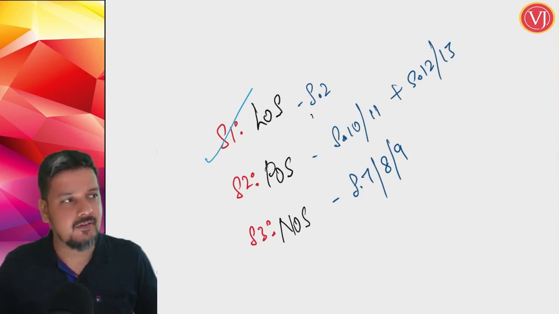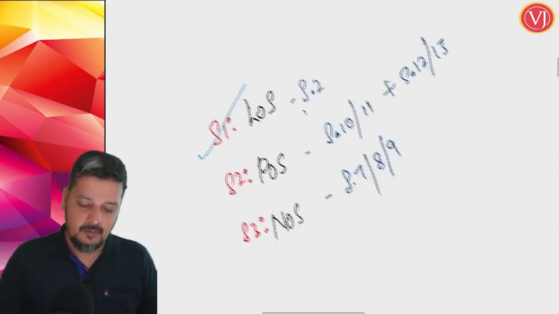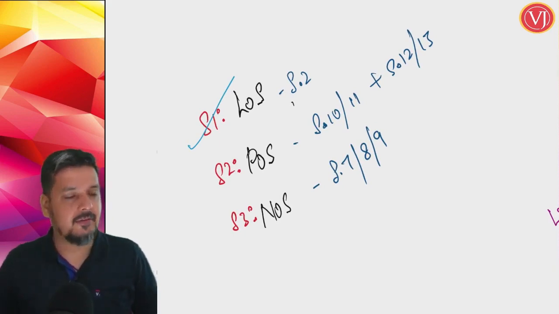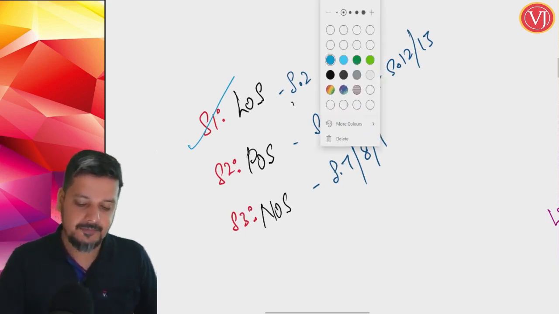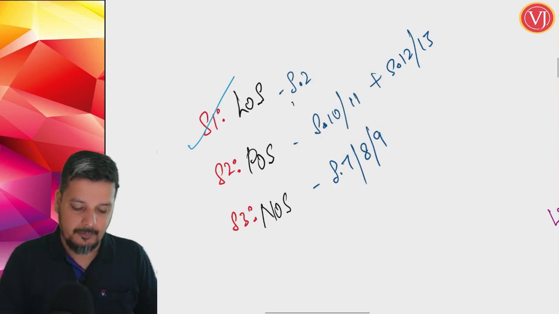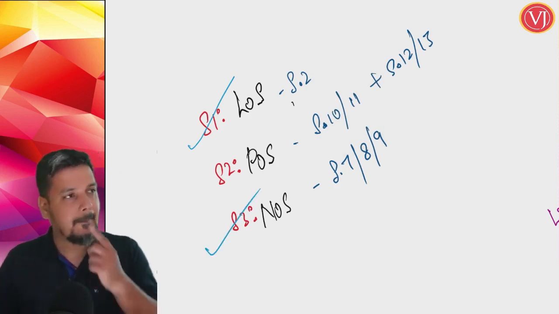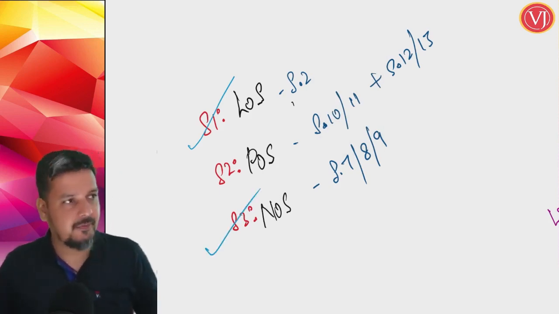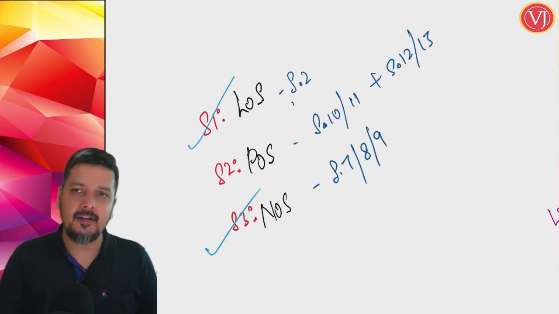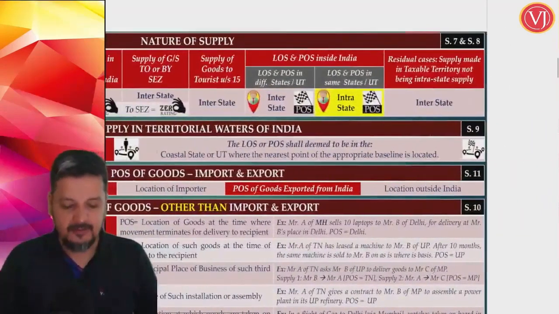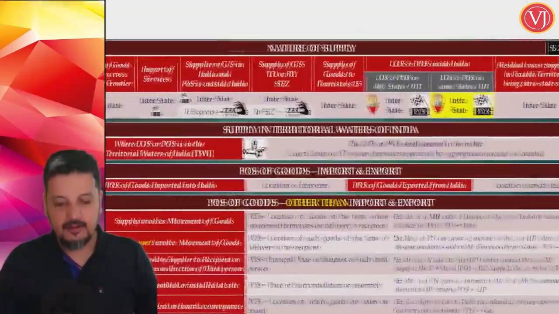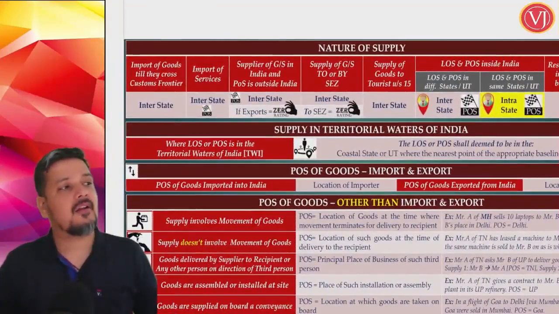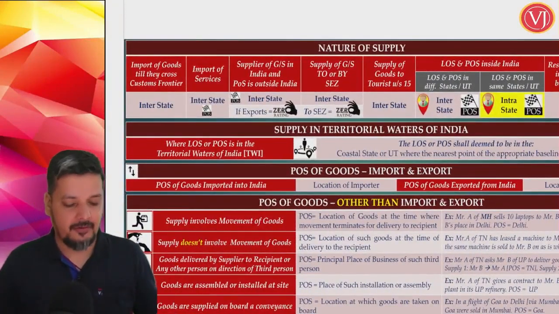Before seeing place of supply, first we will evaluate your nature of supply. So step number 1 is over. Before seeing step number 2, first we'll see nature of supply.